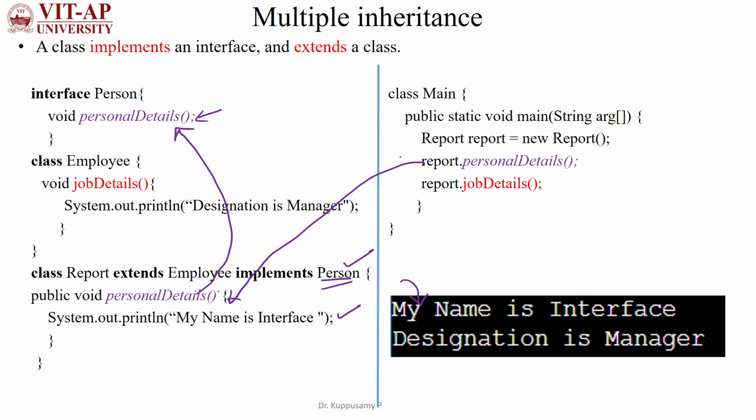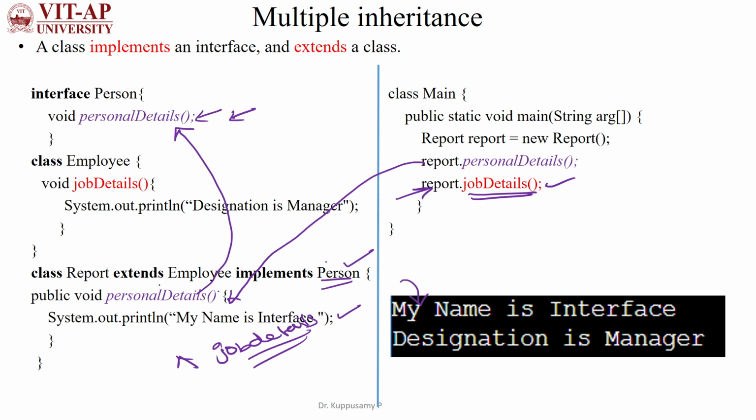Then here we have the method job details. It is called by using this object Report. Then it will check the interface: does it have any job details method? It does not, because that is not defined here. So it does not find it in the interface.